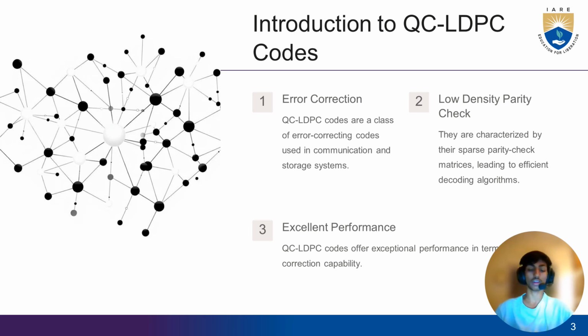QC-LDPC codes are a class of error correcting codes used in communication and storage systems. Low density parity check codes are characterized by sparse parity check matrices, leading to efficient decoding algorithms. QC-LDPC codes offer excellent performance in terms of error correction capability.